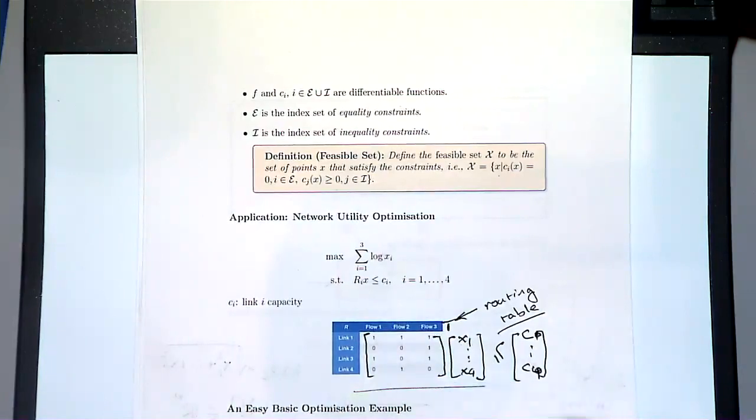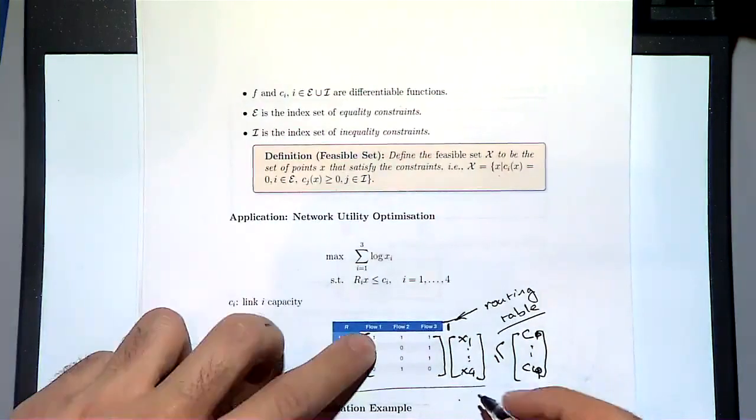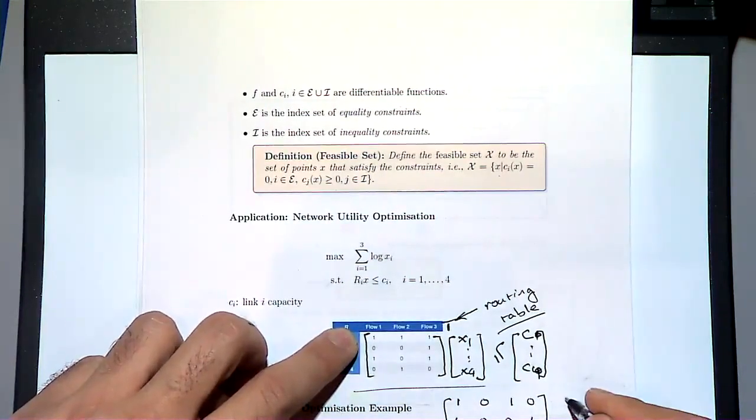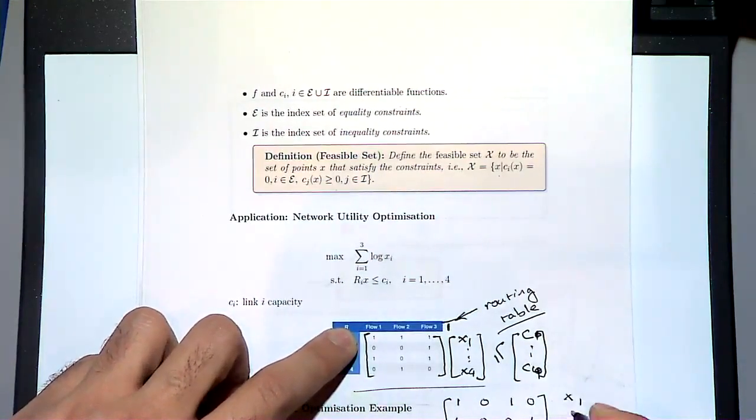So if I do this, I end up getting, it becomes 1, 0, 1, 0, 1, 0, 0, 1, 0. Right?